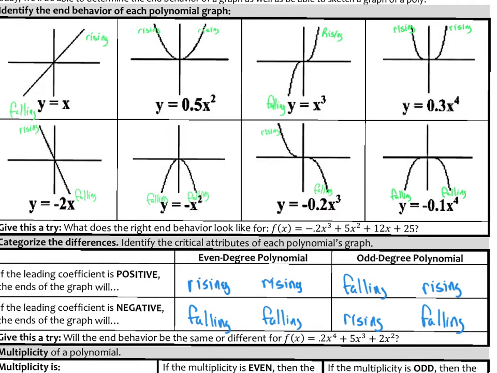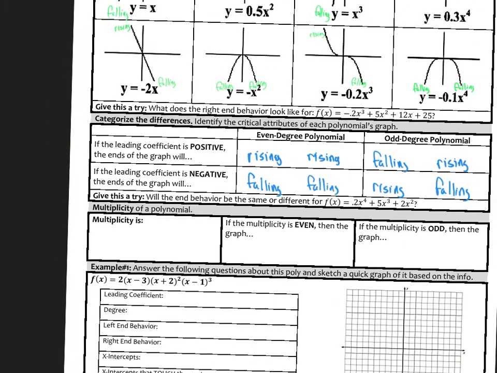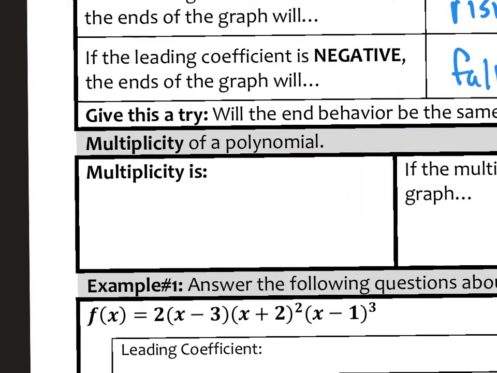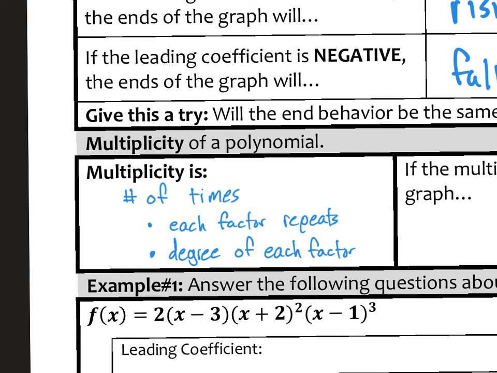And once we're done with our end behavior, we move on to looking at multiplicity. Multiplicity is going to tell us how many times a factor repeats, or how many times each zero occurs. And to find that, we're simply going to look at the degree of each individual factor.